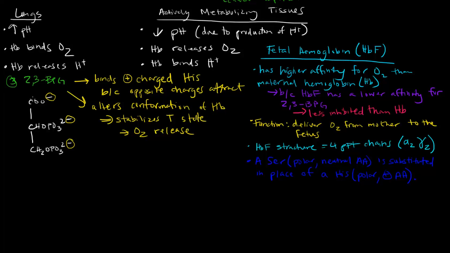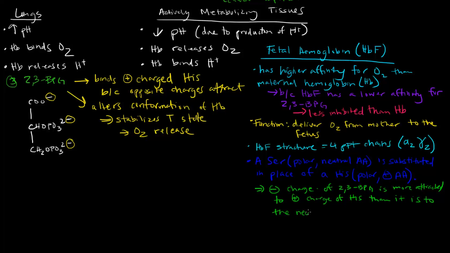Quite simply, the negative charge of 2,3-BPG is more attracted to the positive charge of histidine than it is to the neutral serine.